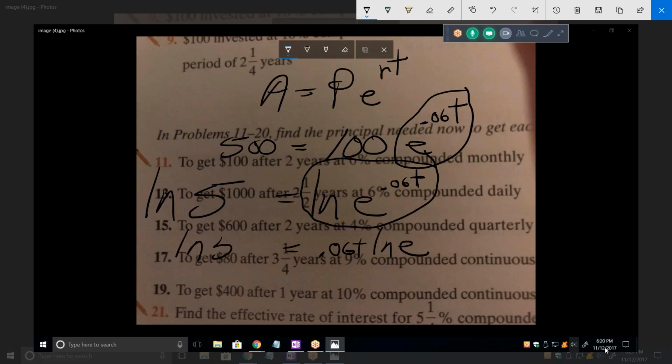And then would you divide the natural log of 5 by that? Well, the natural log of e is 1, so I can cross that out. So all I got to do is divide by 0.06 to figure out t. And that's what t would be equal to.